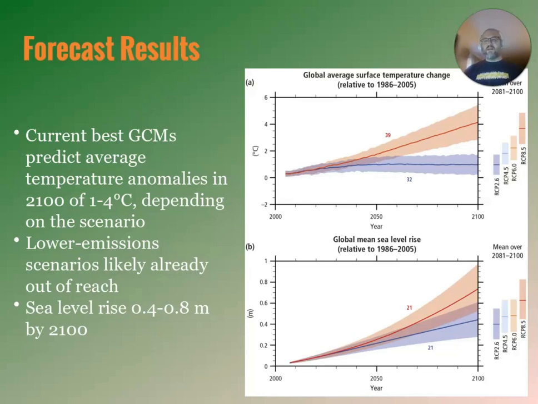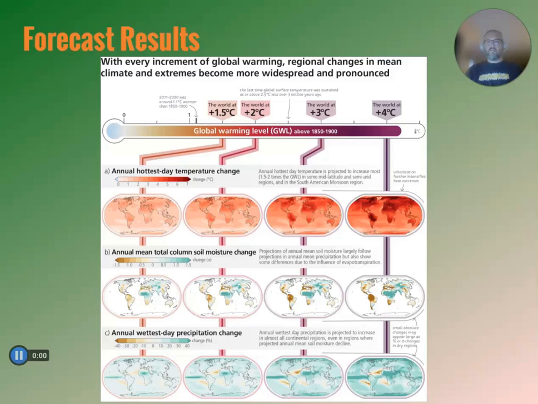So we can use these models to predict not just global temperature, but specific effects of climate change, things like sea level rise that we expect to see as a result of climate change.